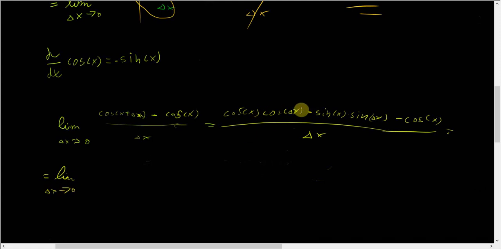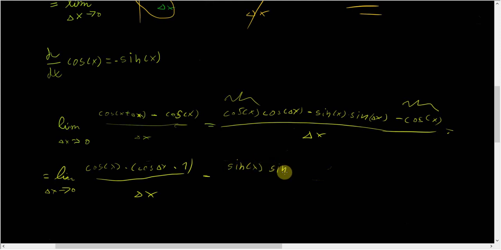And what can we do here? So we've got cosine of x here, cosine of x here, so we could group that together and get cosine of x times cosine delta x minus 1 over delta x, minus sine of x times sine of delta x over delta x.